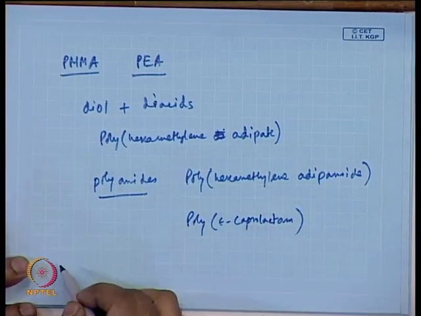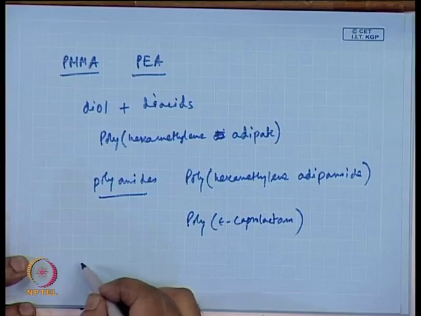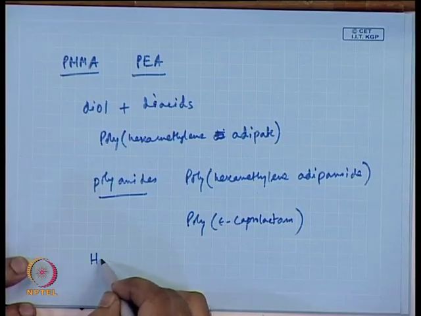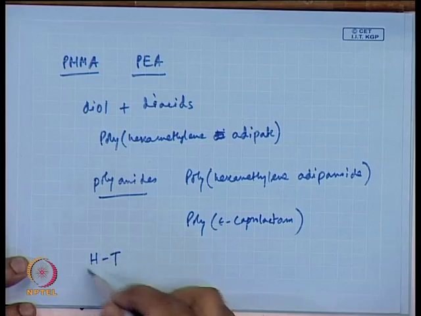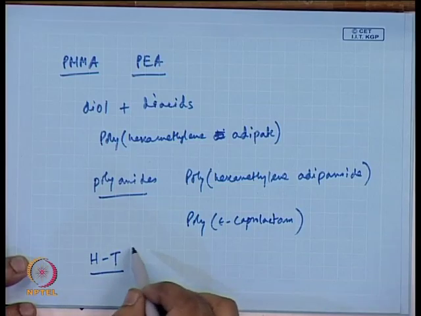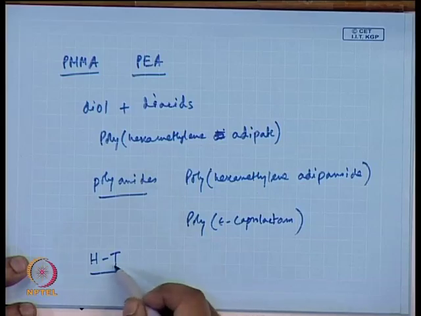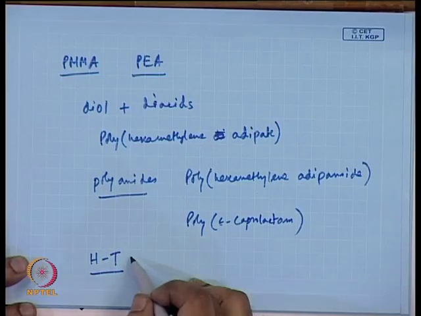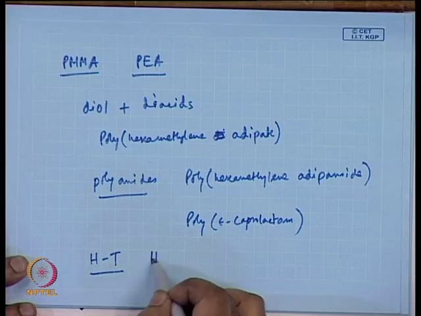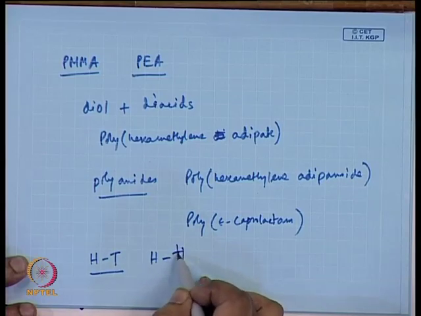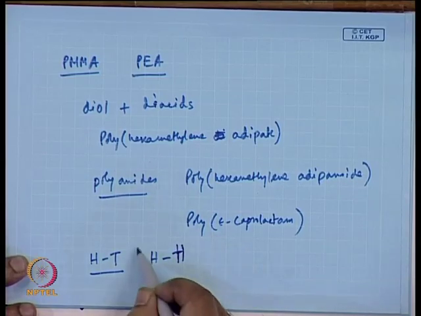Now, we have also seen during our discussion of chain polymerization that when the polymer chain propagates, a head to tail arrangement is always preferred almost exclusively over an arrangement like head to head.